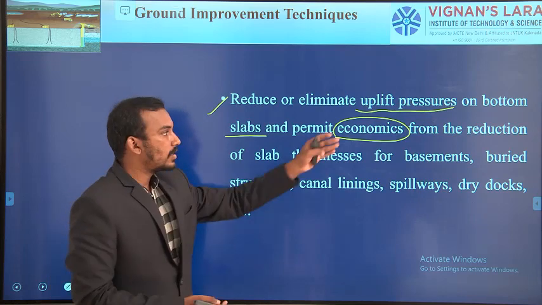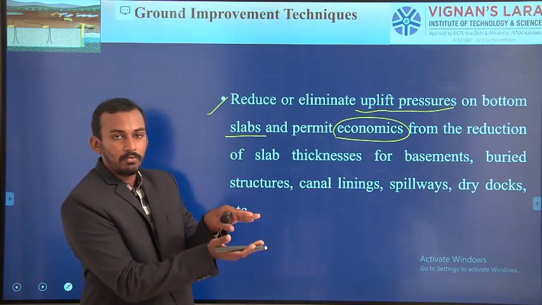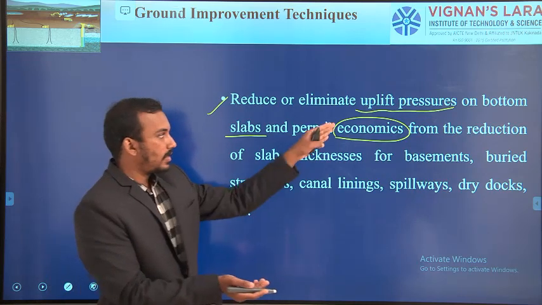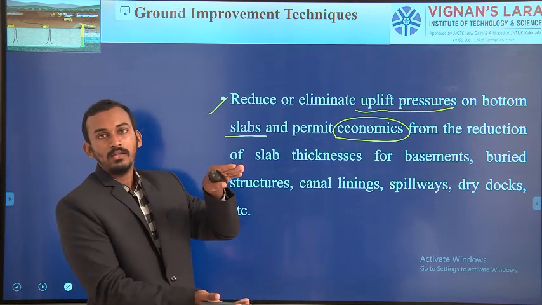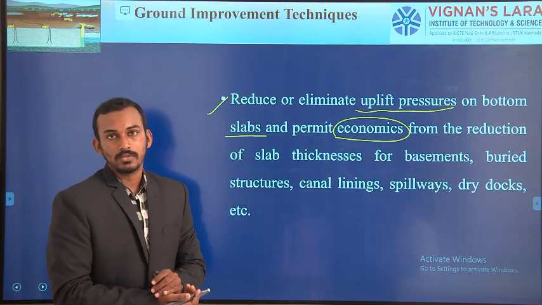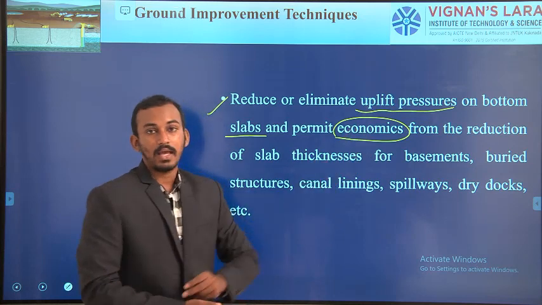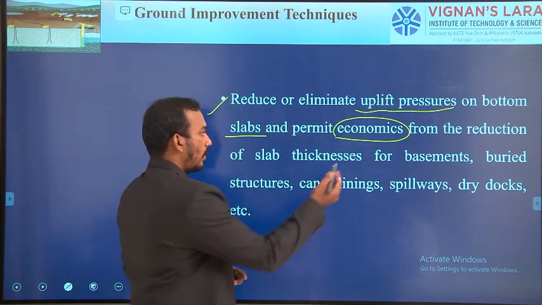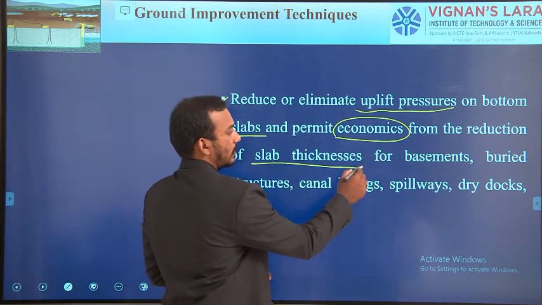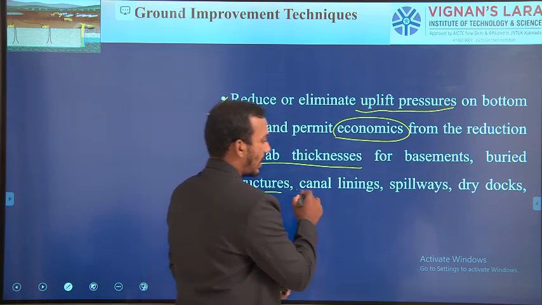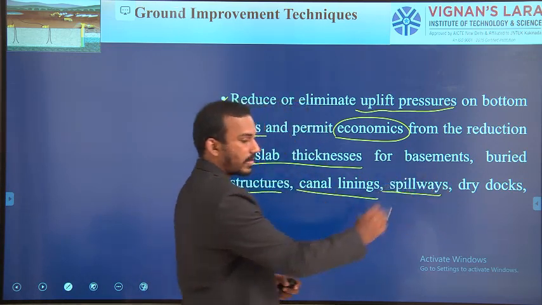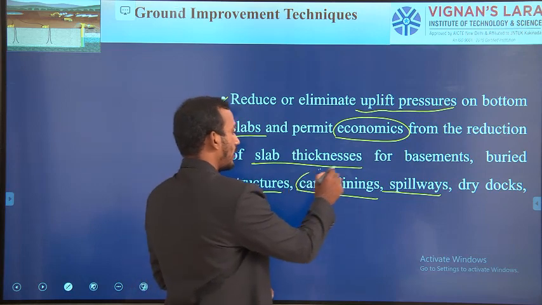So that's why it permits economies in terms of money. How? If there is no uplift pressure, we provide a small thickness road. If there is uplift pressure, we have to provide a large thickness of road. So that also impacts the economics. Okay. From the reduction of slab thickness for basements, buried structures, canal linings, spillways or dry docks. For example, canal linings.